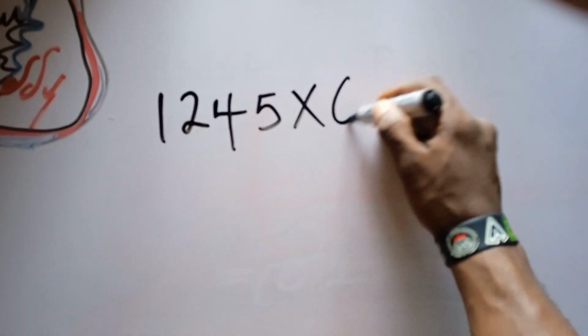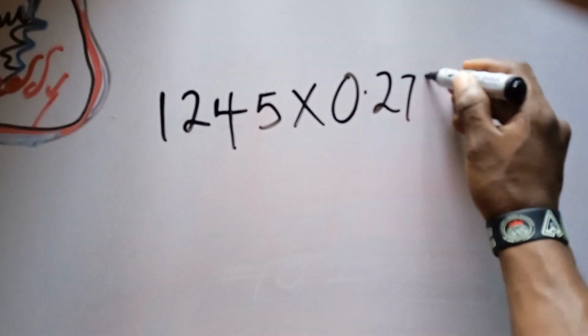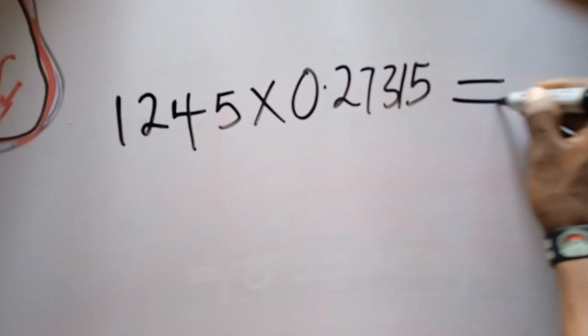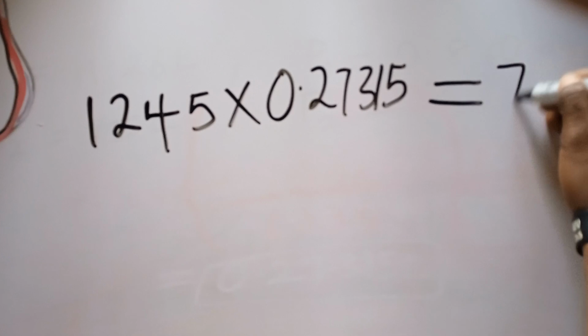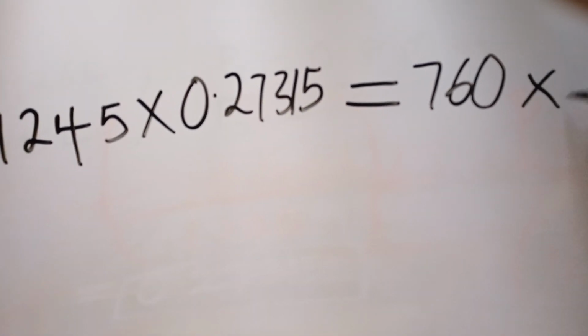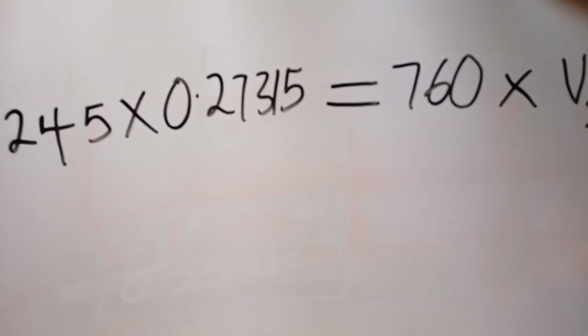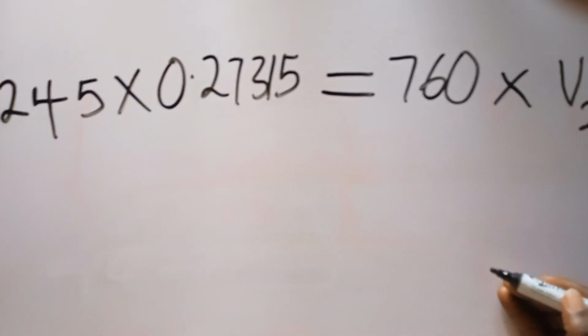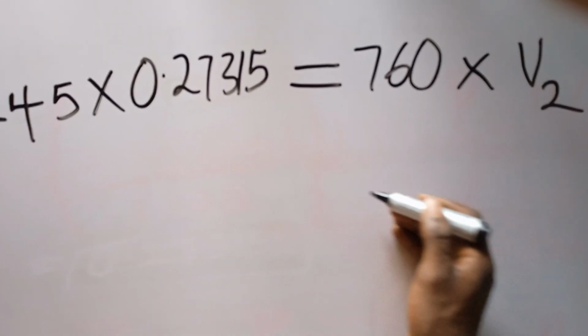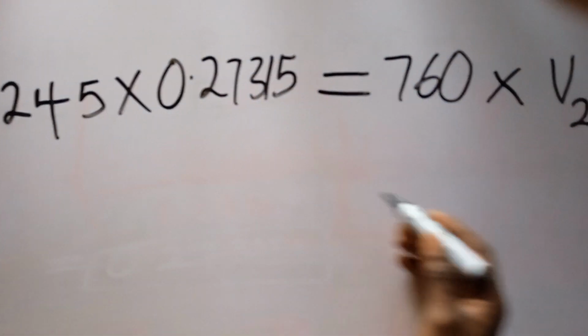So P1 is 1245 millimeter mercury, V1 is 0.27315 liter, and this equals P2, which is 760 millimeter mercury, times V2, which we don't know. That's what we're looking for. To get this, we simply multiply.